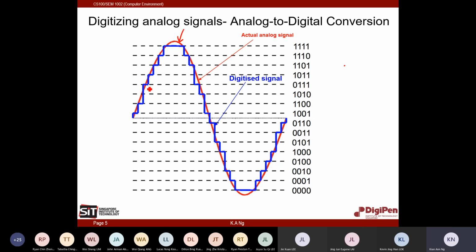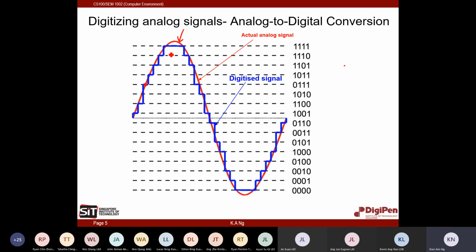In a way, the A to D converter will only see these sine waves as steps. So that's for 4-bit resolution, right? It's a bit rough, a bit coarse. Now imagine if you have more bits, then these steps become smaller. So small that our eyes cannot even see. So fine that you cannot even see.